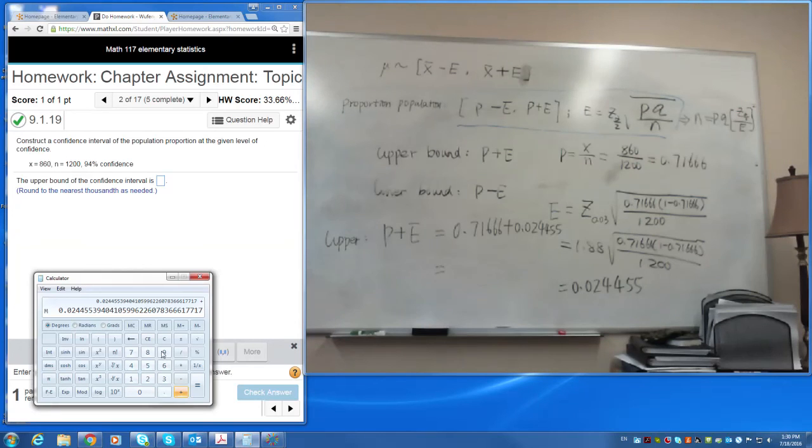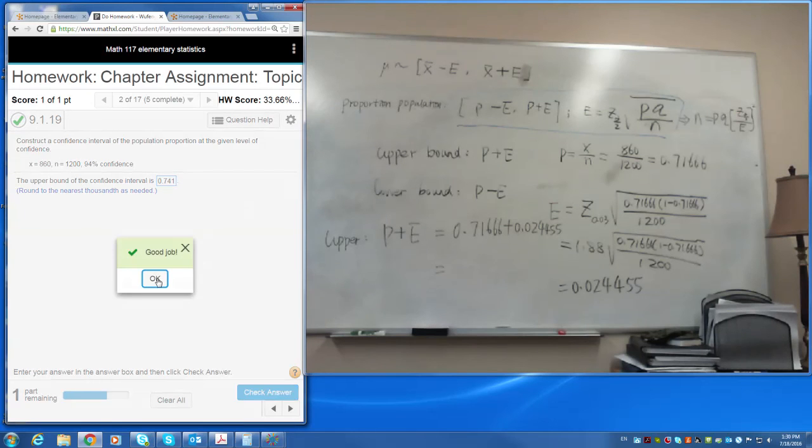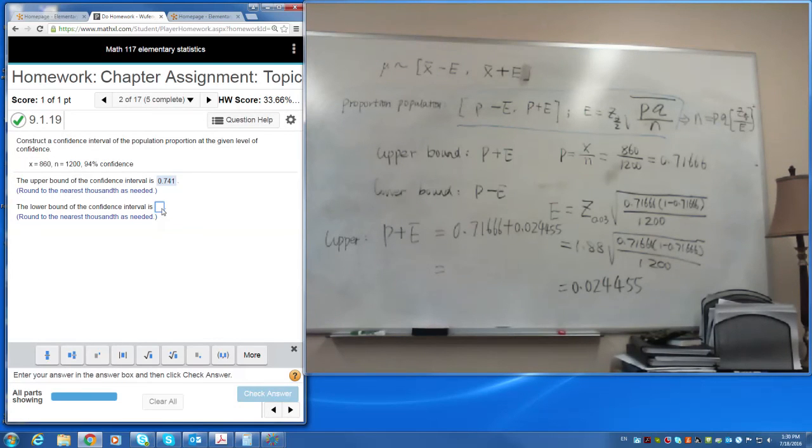So just add those two, and I copy that, and the 3 decimals, 0.741. I hope I'm right. Okay, lower boundary, subtract those two.